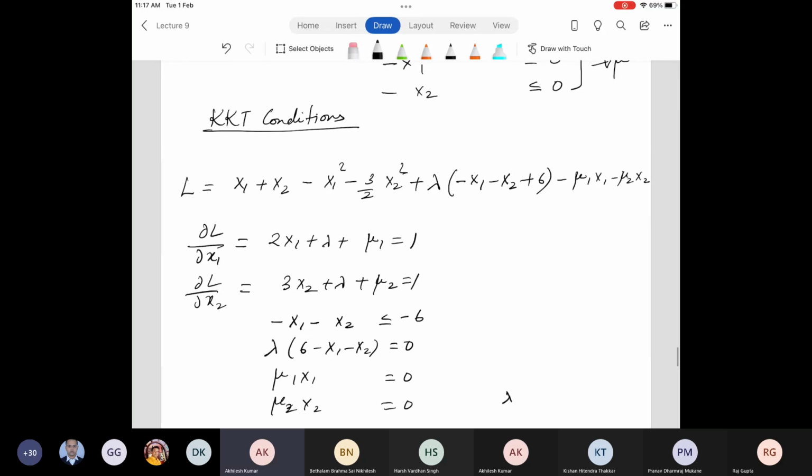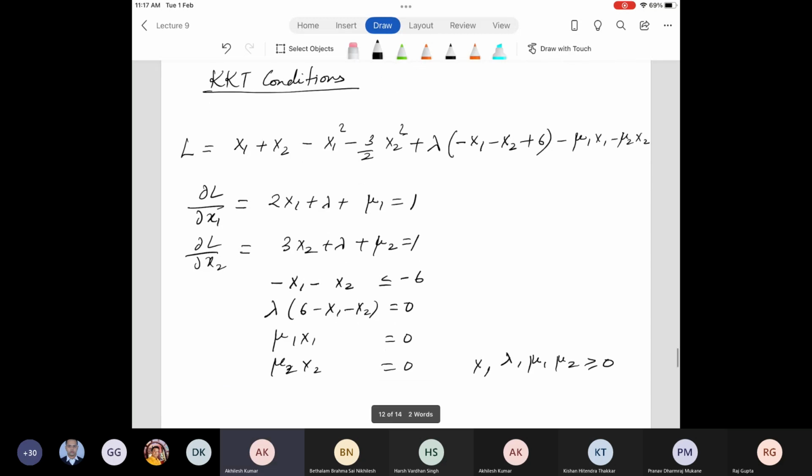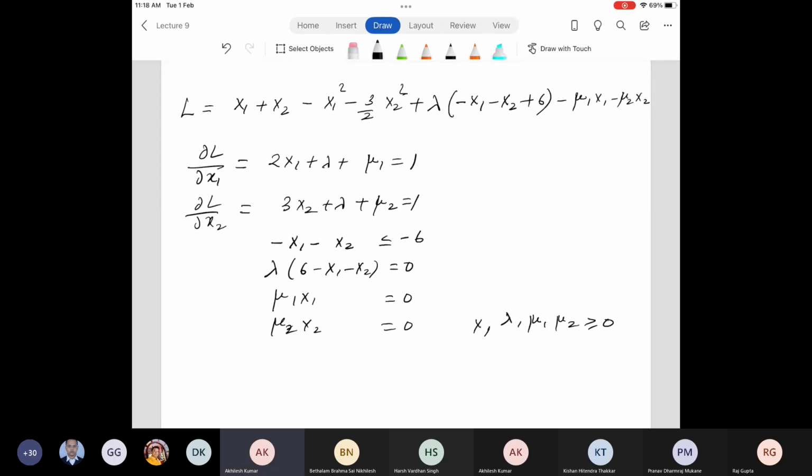And I'm putting here that lambda, the mu's and x are greater than or equal to 0. Is this fine? Yes, sir. Now do one thing: by adding slack, make it also an equality constraint.